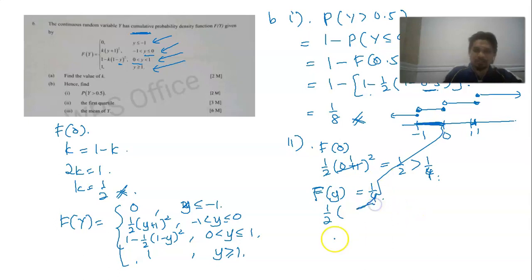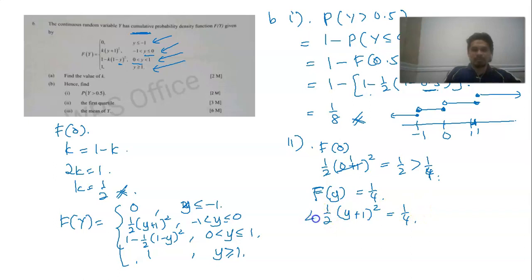Let's try. (y plus 1) squared times 1 over 2 equals 1 over 4.